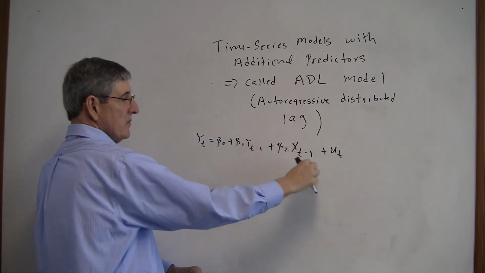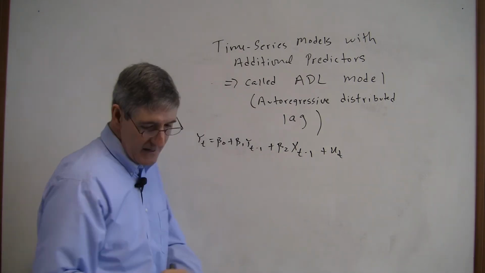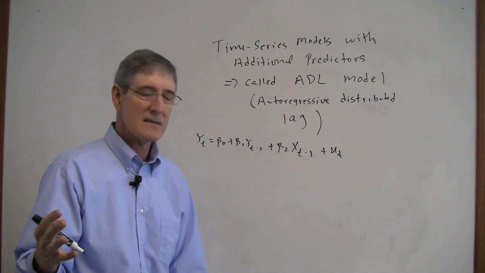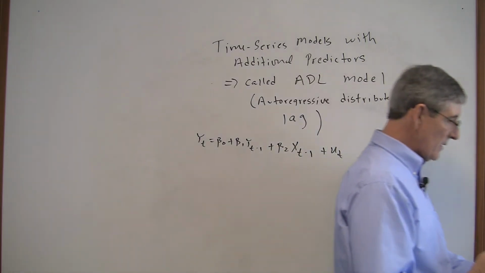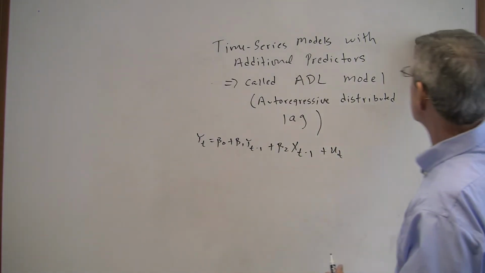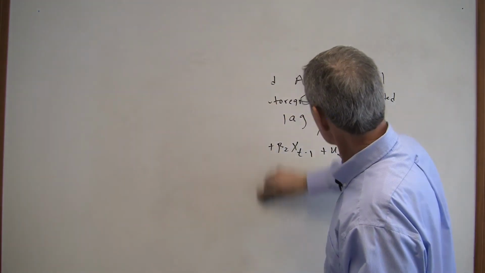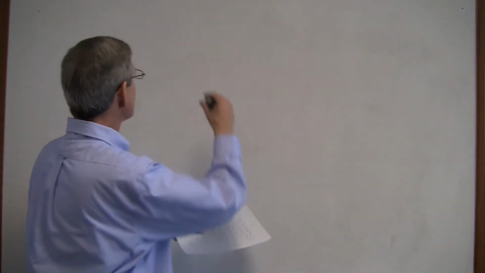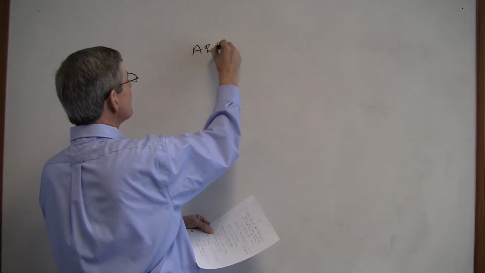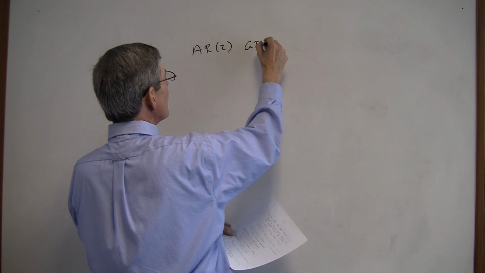We could have more lags of y, more lags of x, and even more than 1 x. So what the book says is let's go back to the example we've been looking at, which is an autoregressive model for GDP. So they estimated an AR2 for GDP growth.